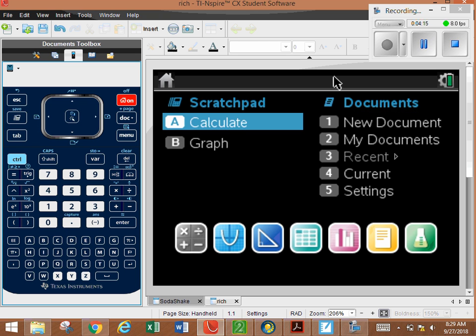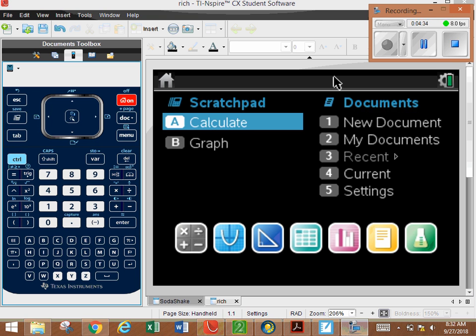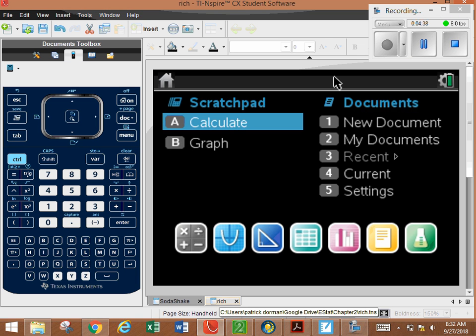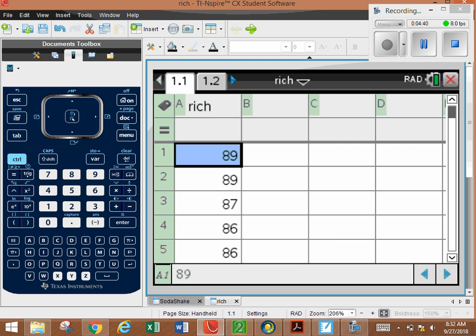And if you saved it as rich, it should be there. If you can't find it, I might be able to find it for you. So hit home and 3, and you go to recent. Okay, so we got that. Everyone found it.